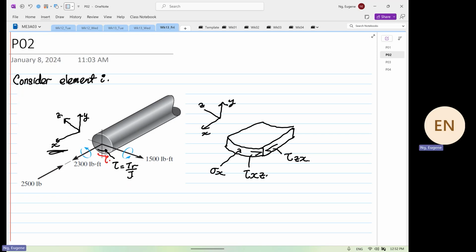And now we are going to orientate the element in such a way that we can work with it in the 3D Mohr circle. We're going to sketch this on the 3D Mohr circle.